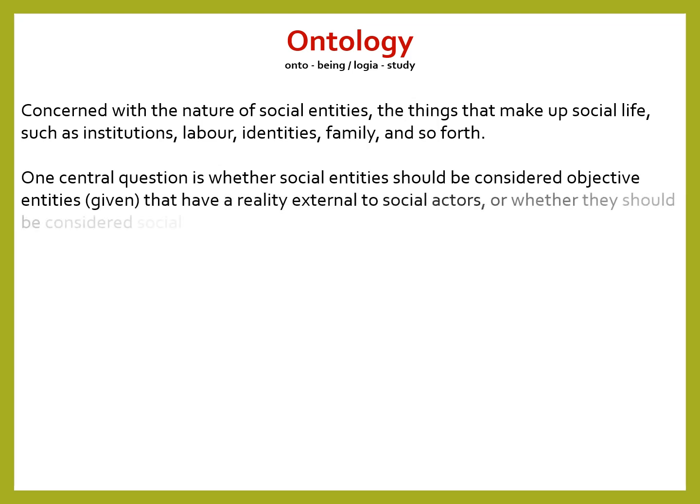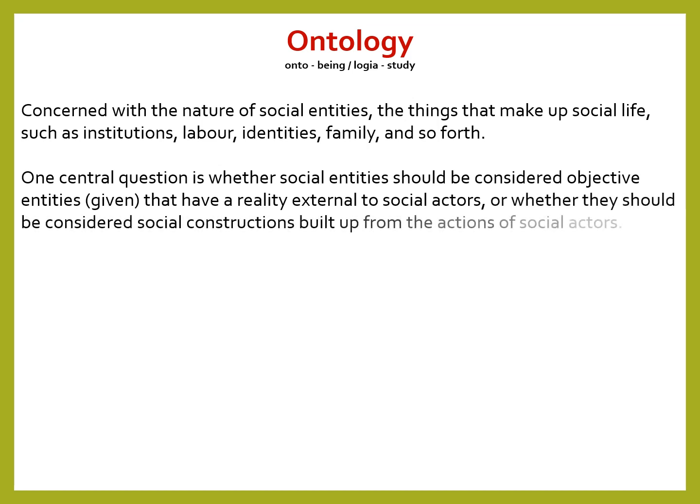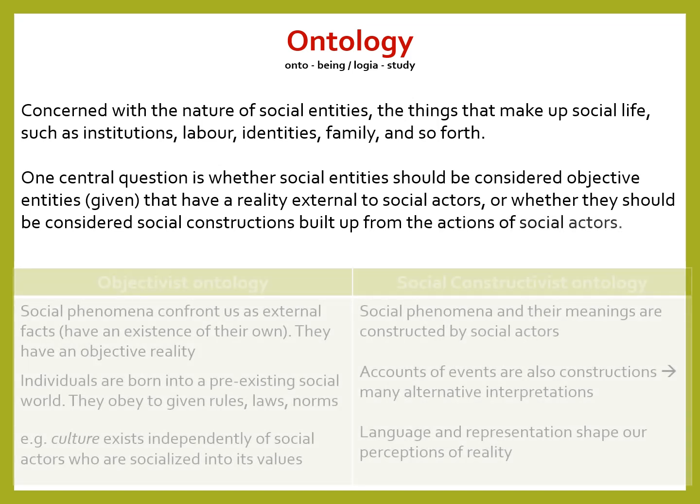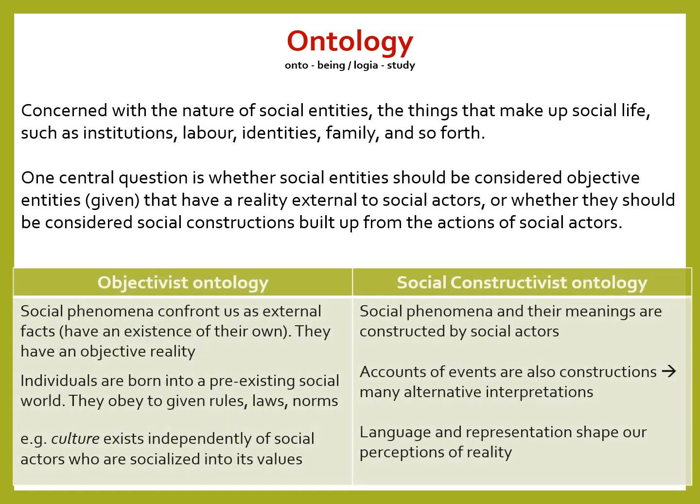One central question in regards to the ontology of social beings is whether social entities, those things that I just mentioned, should be considered objective realities, things that are given to us, that are external to us as social actors, or perhaps they should be considered as things that we social actors are involved in constructing, in shaping them.